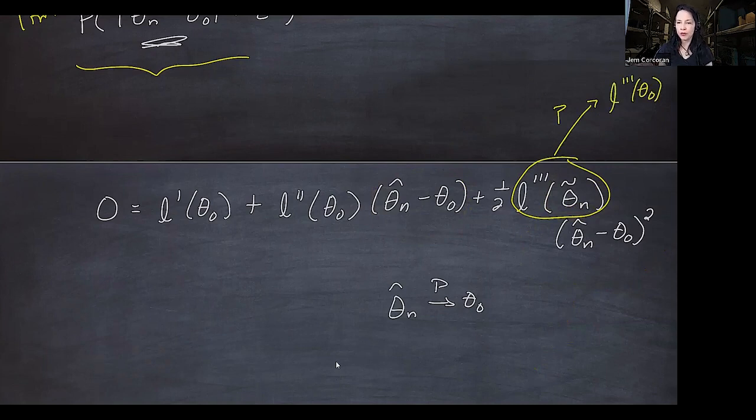And this assumes that, again, the third derivative exists and is continuous, or at least continuous at theta naught. The L triple prime is like a G that we're using the continuous mapping theorem on and putting that convergence in probability through that function.